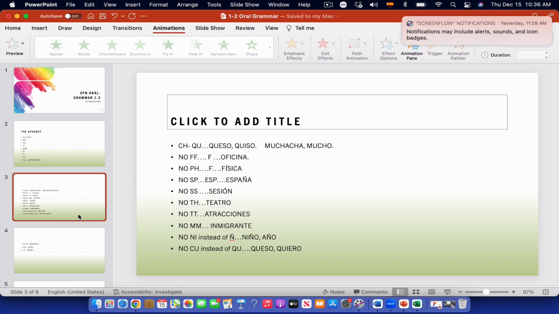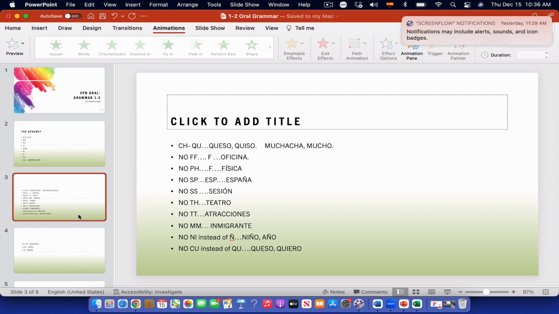Now, in Spanish, we don't have any word with FF. For example, office in Spanish will be oficina, only with one F. We have no PH, so you don't have physics with PH. You have física with an F, okay?